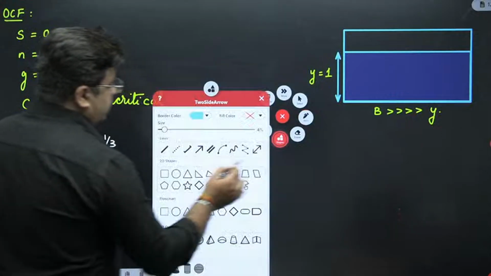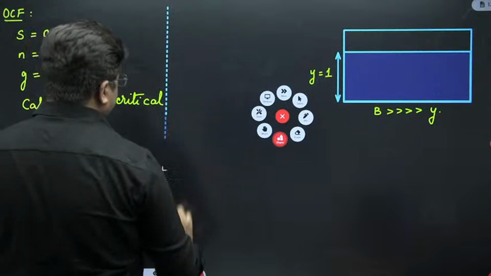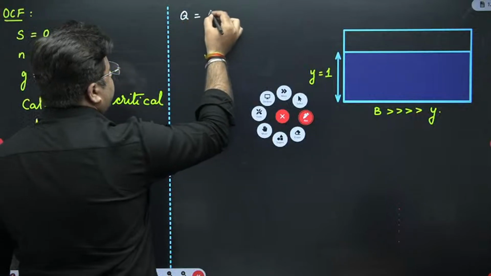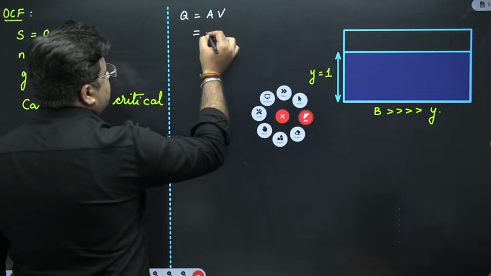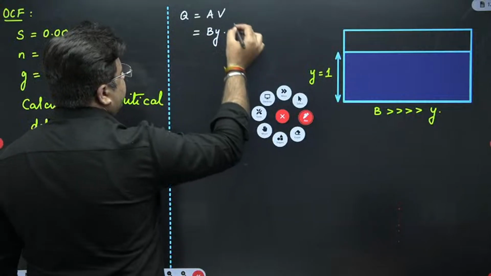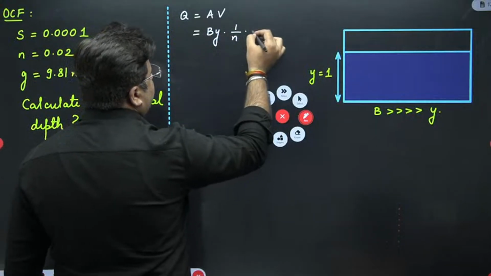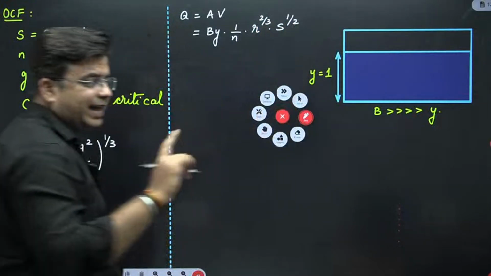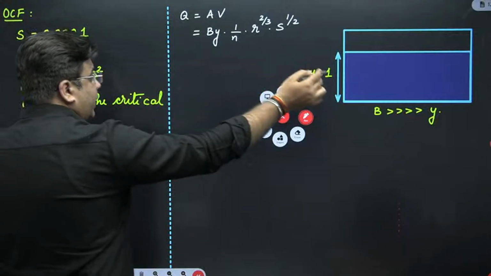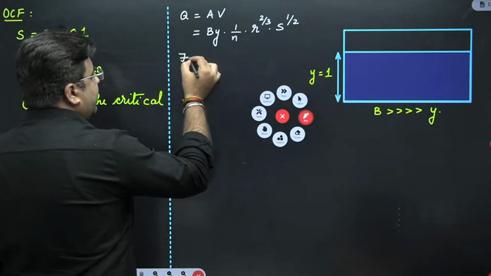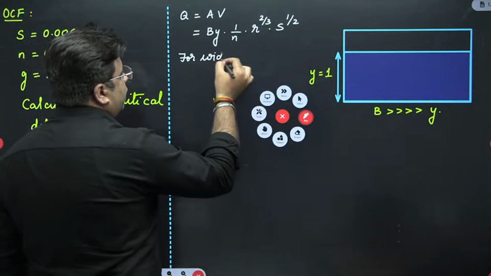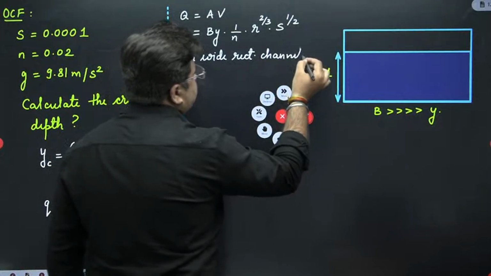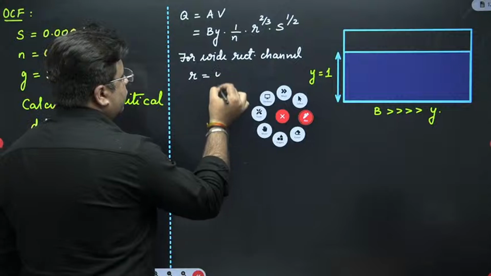We know that discharge Q is equal to area into velocity. Area is equal to B into y. Similarly, velocity is equal to 1 upon n into R raised to the power 2 by 3 into S raised to the power 1 by 2. Now one thing I will directly use here, that for wide rectangular channel, hydraulic mean depth R is equal to the depth of flow y.